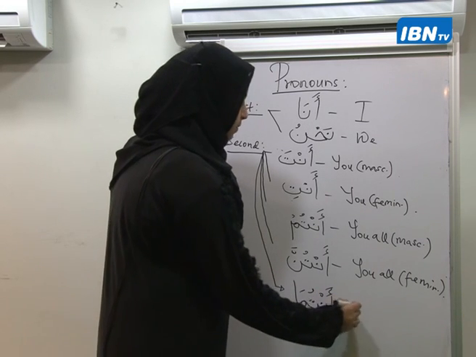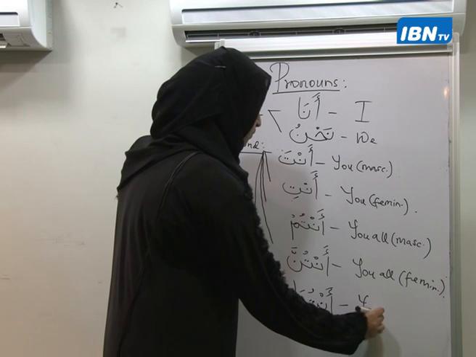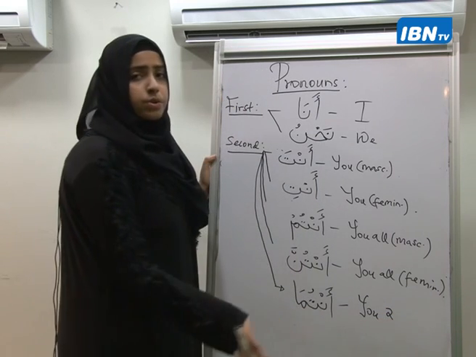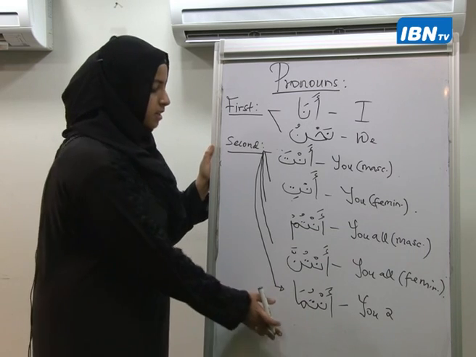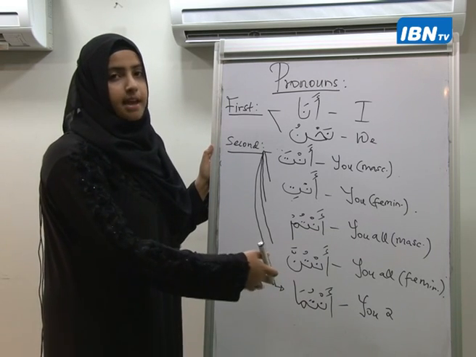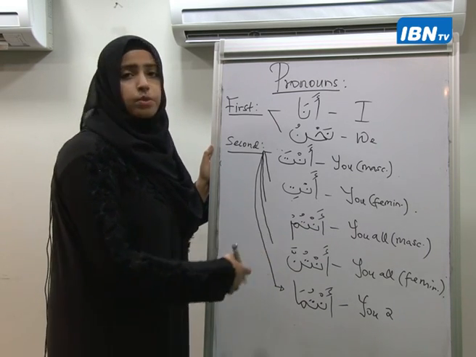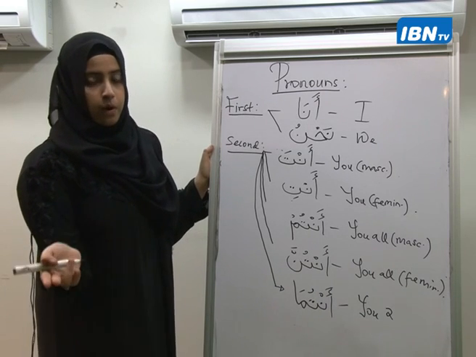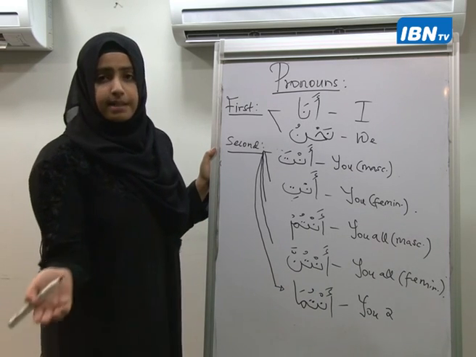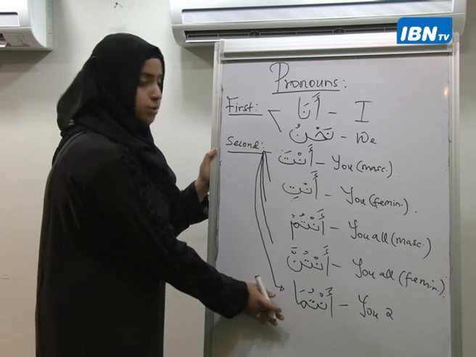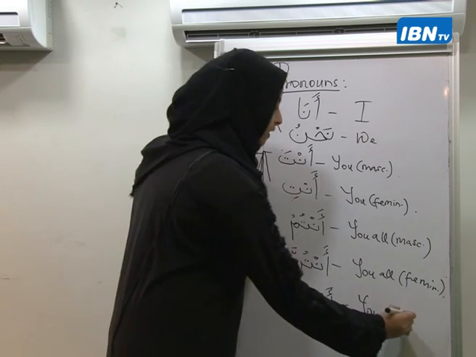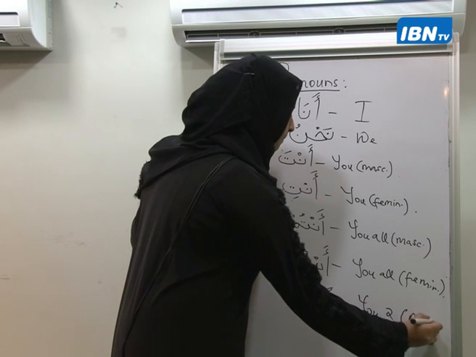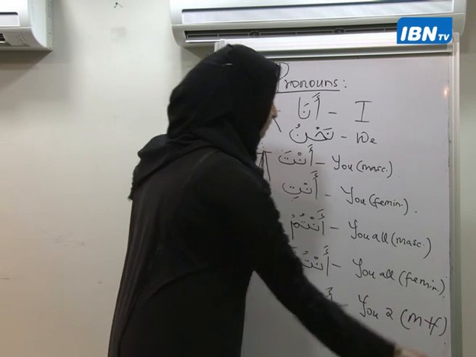I can use this for both male and female. It remains the same. For example, antuma waladan, you two boys, or antuma bintan, you two girls. So this you two is used for both masculine and feminine.